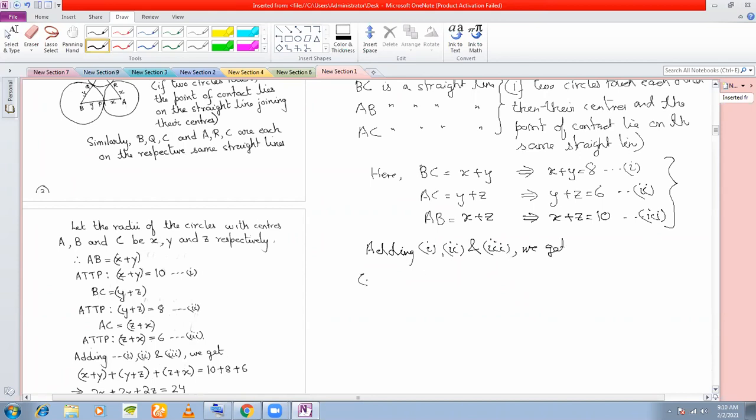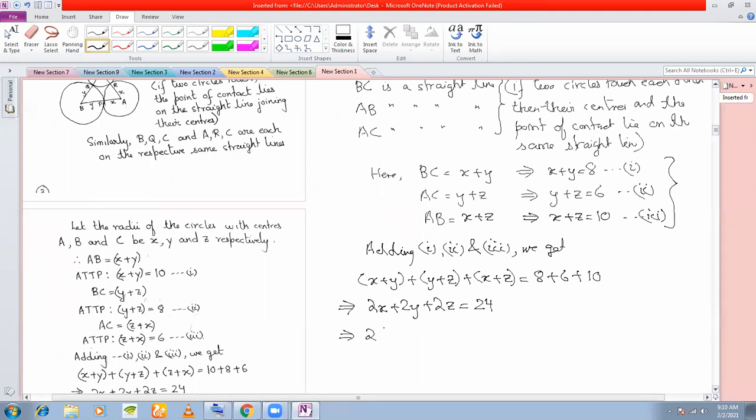If you add, you get X plus Y plus Y plus Z plus X plus Z is equal to, adding the right hand side, 8 plus 6 plus 10. You see that there are 2 x's, so this becomes 2x, similarly 2 y's and 2 z's. So this is 16 plus 8, 24.